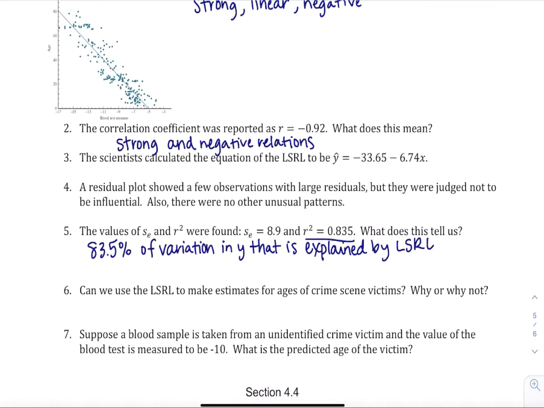Then our standard deviation SE tells us that a typical difference between the actual age and the predicted age is about 9 years.